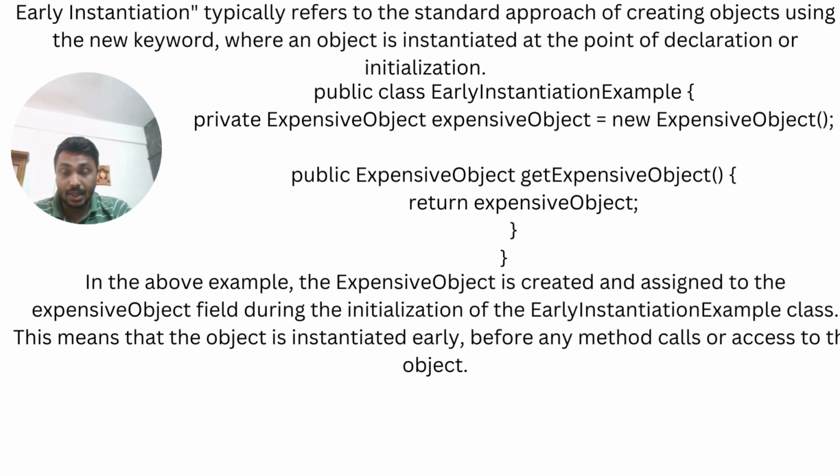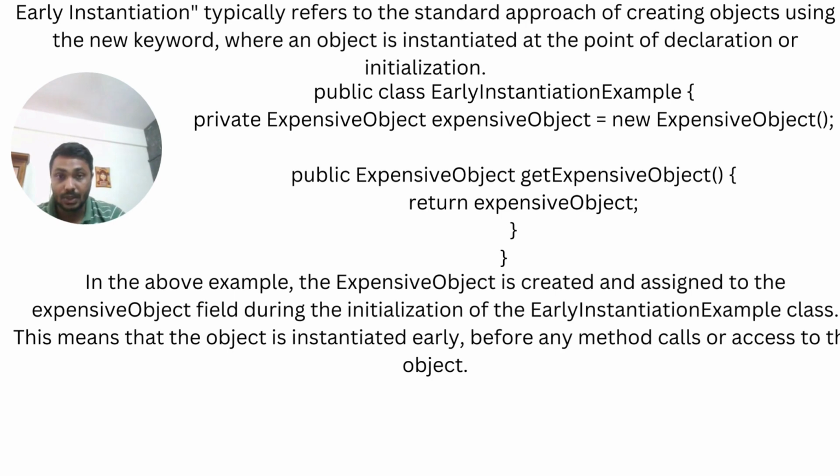In early initialization, you can see what we are doing. At the place where we are creating the object, there itself we define it as private. It creates an object using the new keyword, where the object is initialized at the time of declaration. In the above example, the expensive object is created and assigned to the expensive object field.